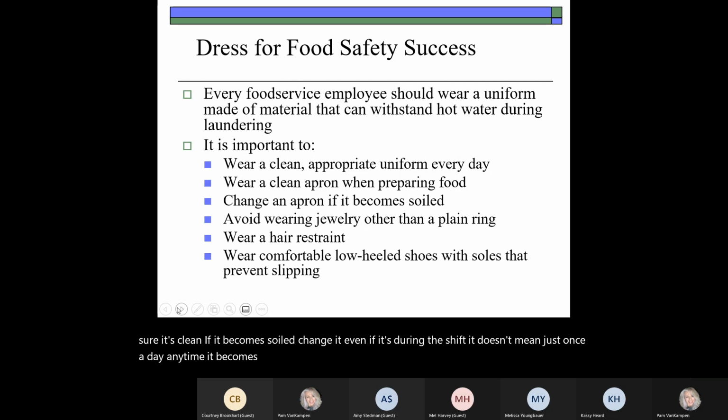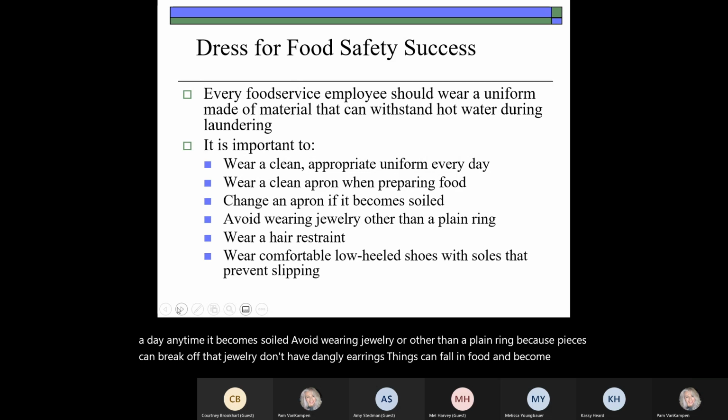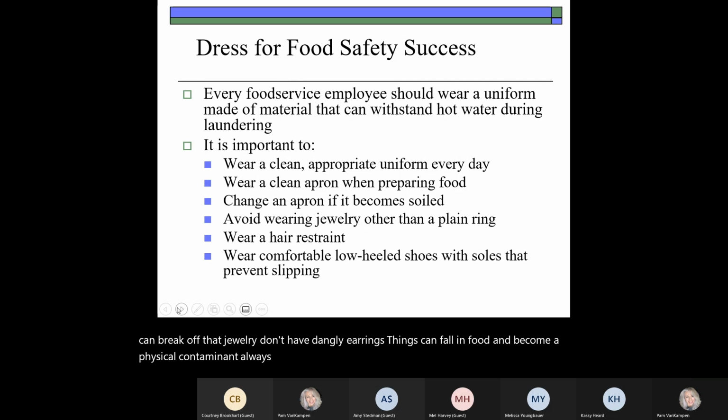Avoid wearing jewelry other than a plain ring, because pieces can break off. Don't have dangly earrings. Things can fall in food and become a physical contaminant. Always wear your hair restraint and wear comfortable low-heeled shoes with slip-resistant soles. We don't want anyone to get hurt.